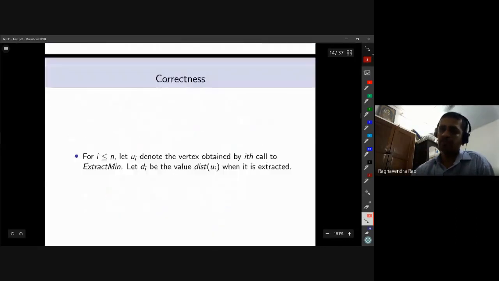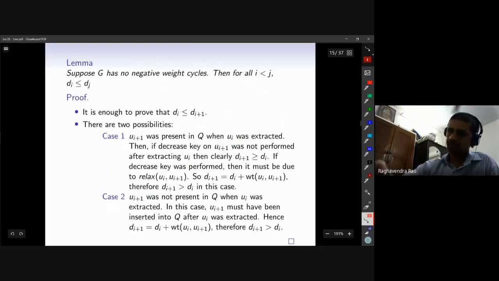Okay, so then it must be due to relax of ui plus 1. If a decrease key was performed because of this, then in that case di plus 1 is equal to di plus weight of ui comma ui plus 1.